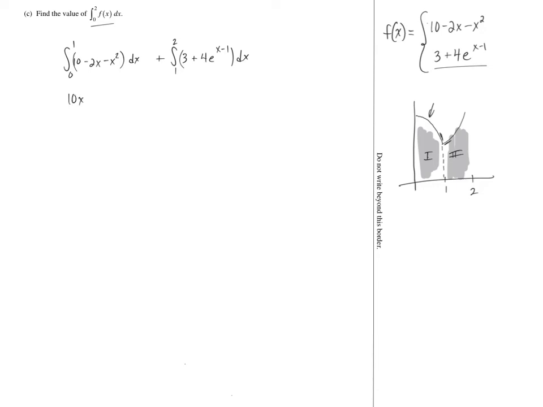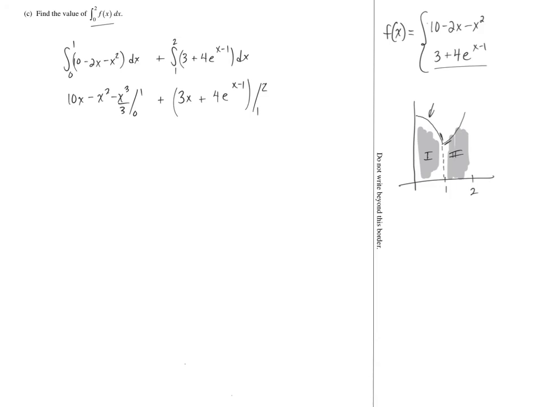So 10x minus 2x squared over 2 is going to be minus x squared, minus x cubed over 3, between 0 and 1, plus 3x. Now the integral of 4e to the x minus 1 is just going to be 4e to the x minus 1. No need to do a u sub because the derivative of x minus 1 is just 1. And that is going to be between 1 and 2.